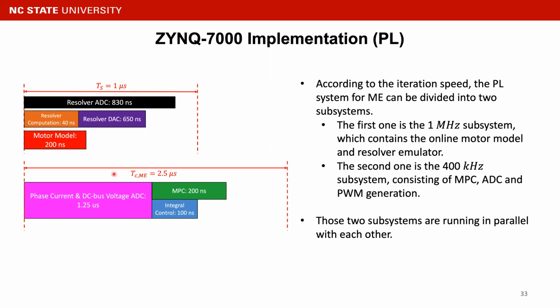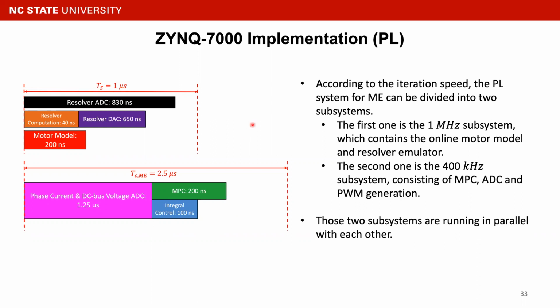Here we set the motor model to iterate at 1 megahertz, and the controller at 400 kilohertz. For such high requirements, there's no way we can achieve this on the PS side. So that's the reason we put all our algorithm and the controller on the PL side.